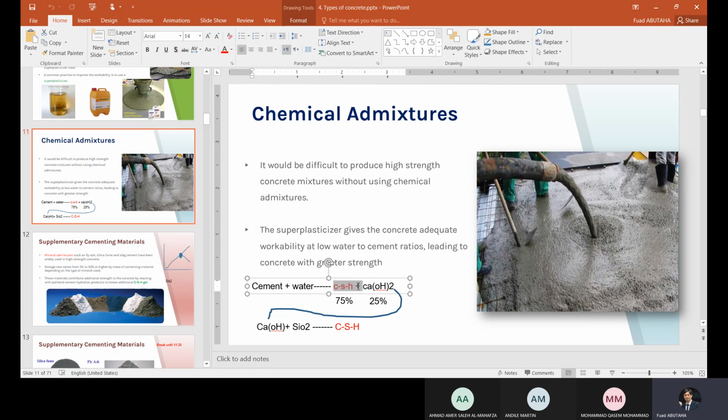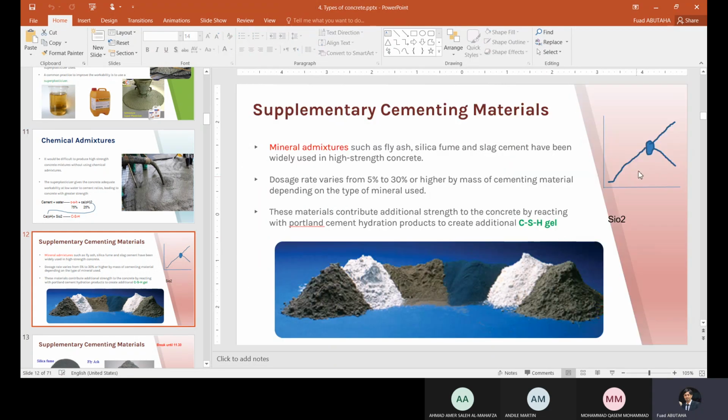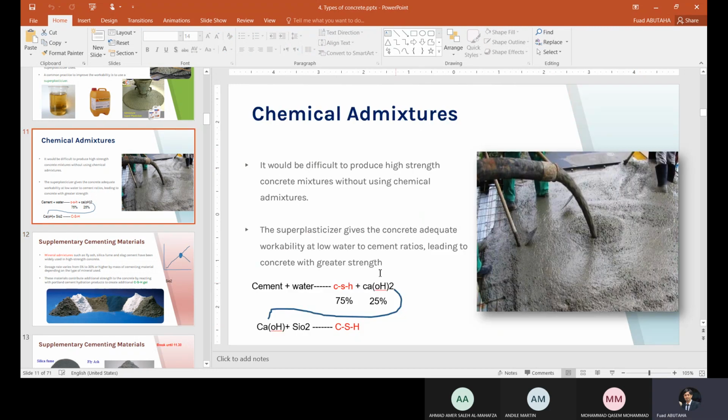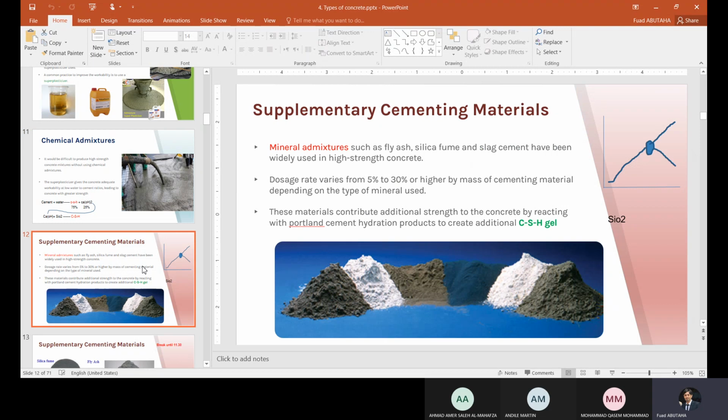So we have here calcium silica hydrate. It gives the required strength at 28 days. And we convert the calcium hydroxide to extra calcium silica hydrate. So we increase the calcium silica hydrate content in the concrete, and thus we increase the total strength of concrete.